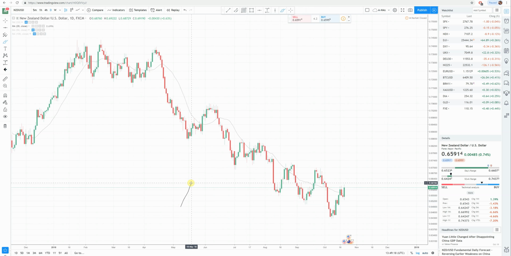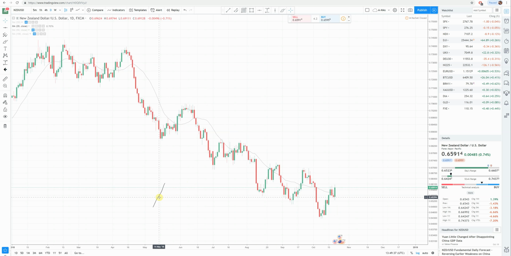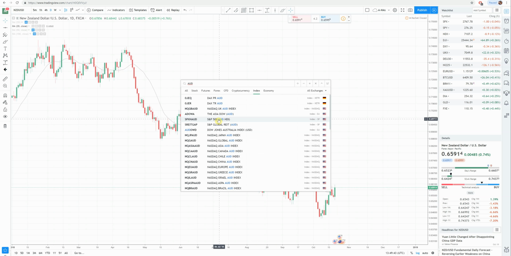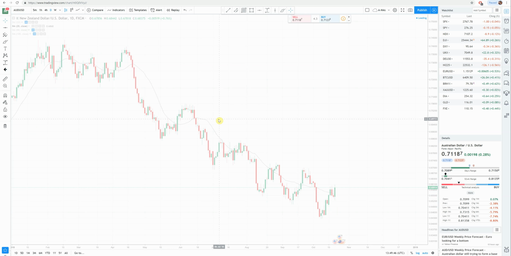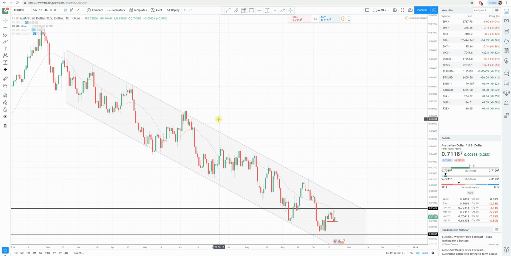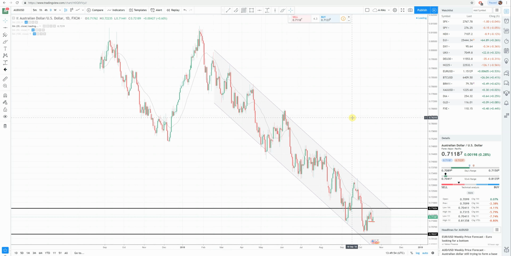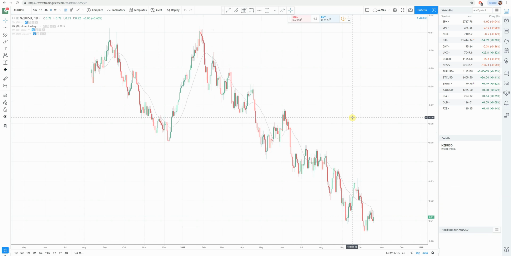As you notice, the NZD USD pair is almost a reflection of the Aussie USD pair, because the Aussie dollar and the New Zealand dollar are very closely correlated. They're almost, the graphs are almost the same.